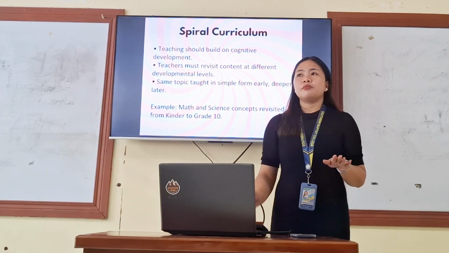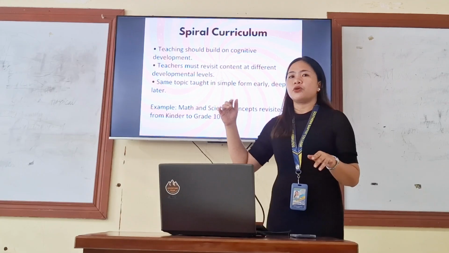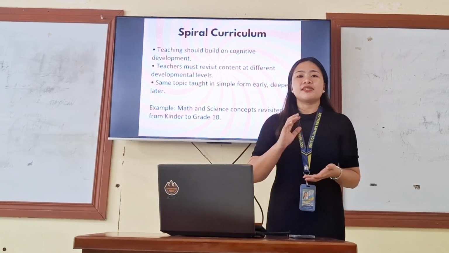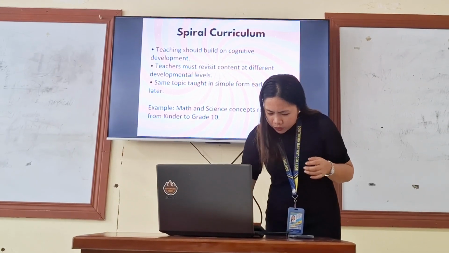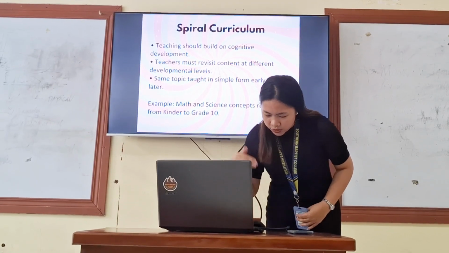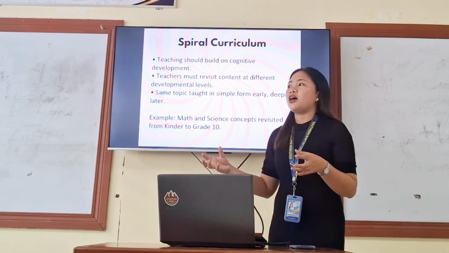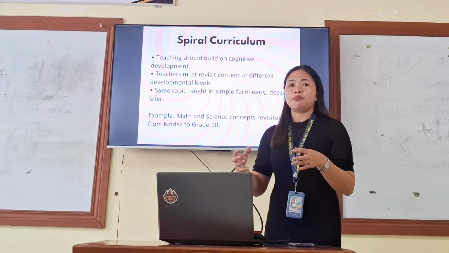But then, in the middle grade level, for example grade 4, grade 5, or grade 6, we will be tackling photosynthesis, the carbon dioxide and the oxygen, the process in order for the plant to grow.